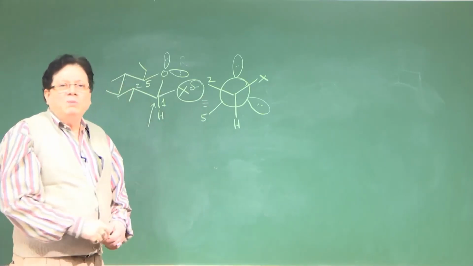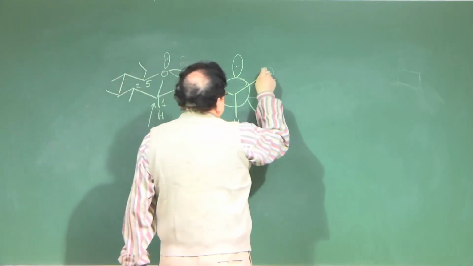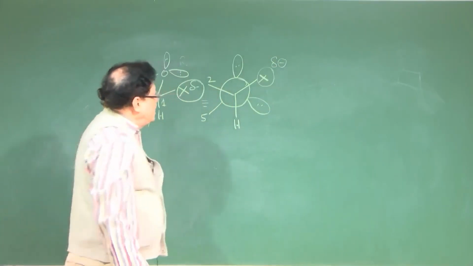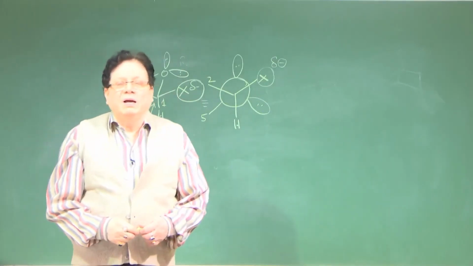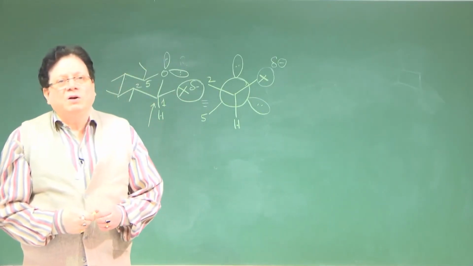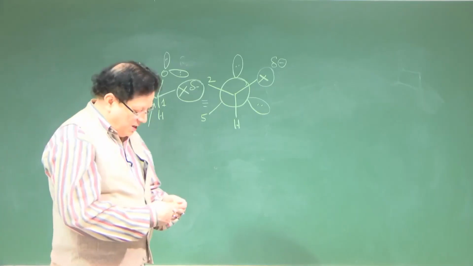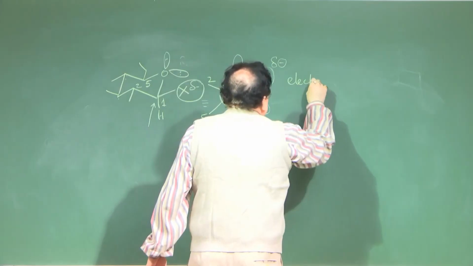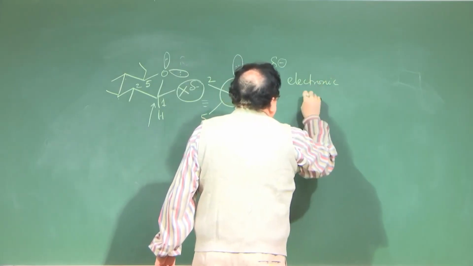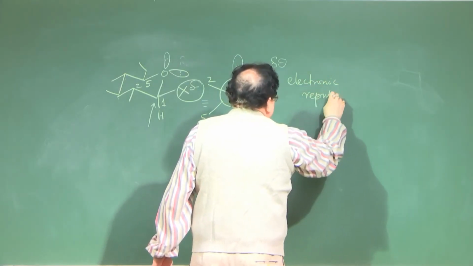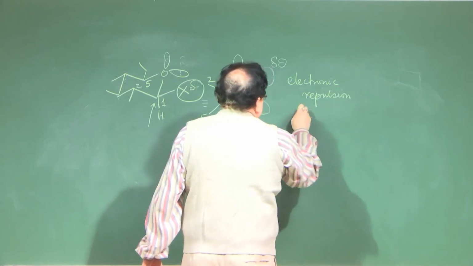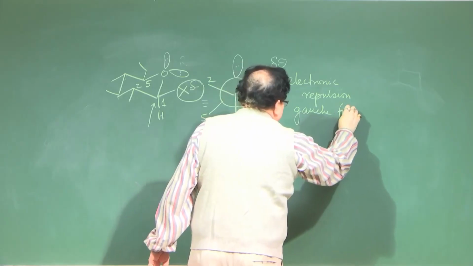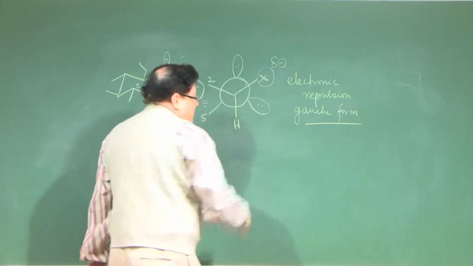So, if you draw the Newman projection, now you see that this is basically a delta negative, which is now sandwiched between two lone pairs. Okay. So, that creates a lot of electronic repulsion, because they are actually in the gauche form, because the dihedral angle is 60 degrees.